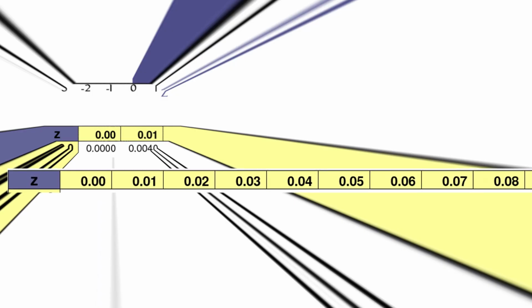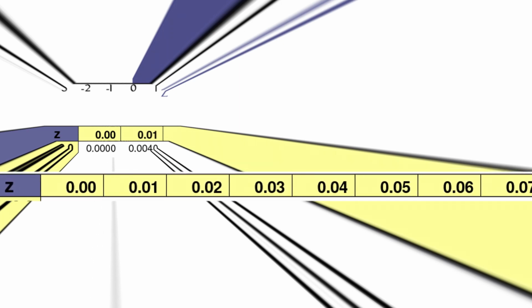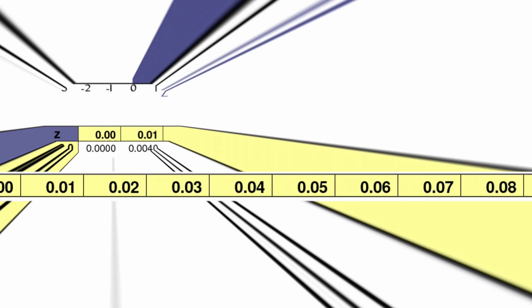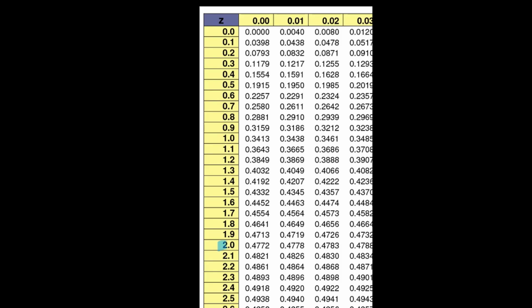Ang row naman, kung mapapansin ninyo ay second decimal place lang ang nagbabago. Yan naman ang value ng second decimal place ng z-score. In the given example, we need to find the area below z equals -2. Lalagyan natin ng dalawang decimal place na equivalent sa 0 ang value na ito para mahanap ang intersection ng column at row sa ating standard normal table.